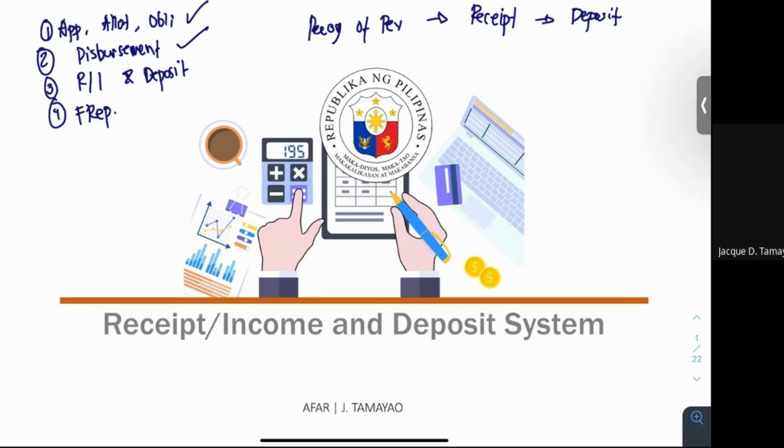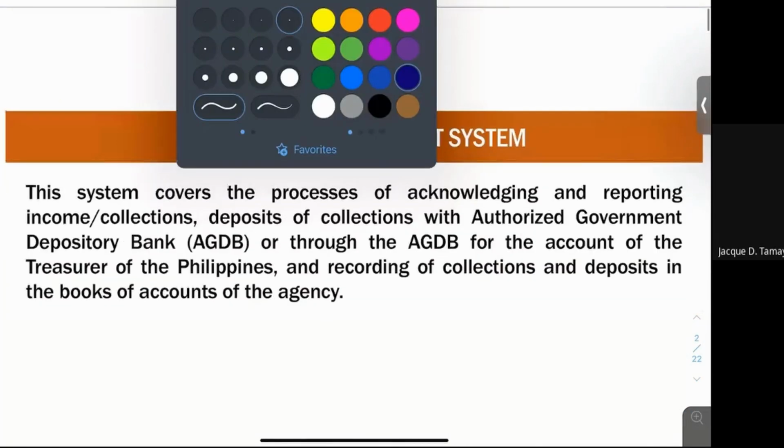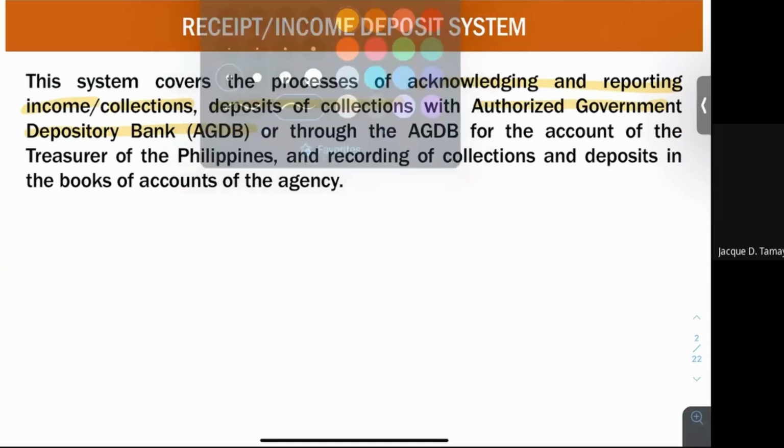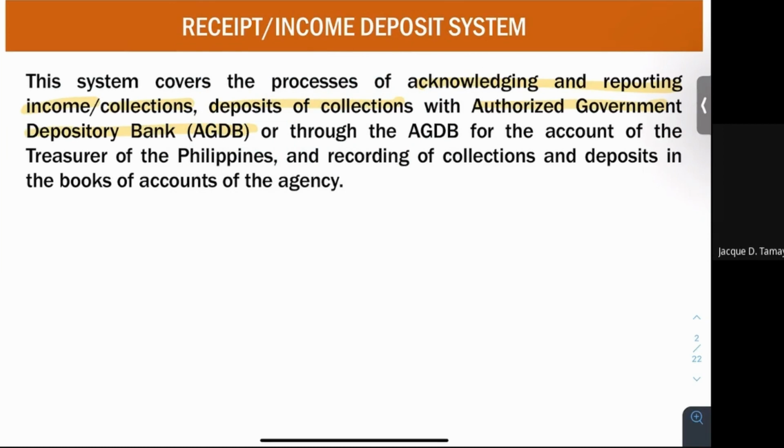So let's start. We start our discussion by defining what is your receipt, income, deposit system. It is the system which covers the process of acknowledging and reporting income and collections and the deposits of collections with your authorized government depository bank, or the AGDB, for the account of the Treasurer of the Philippines, and recording of collections and deposits in the bank in the books of accounts of the agency.